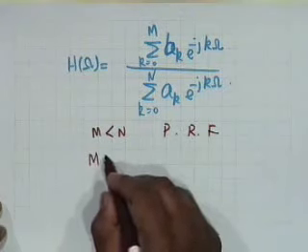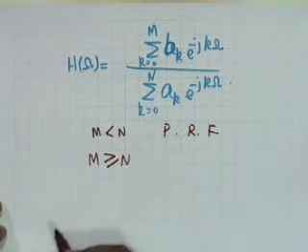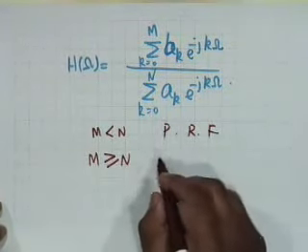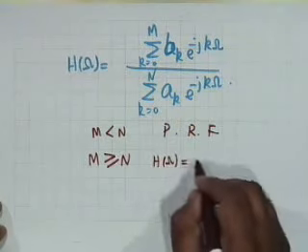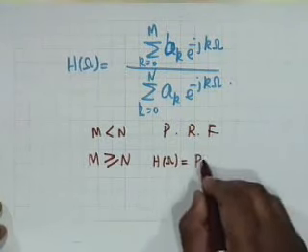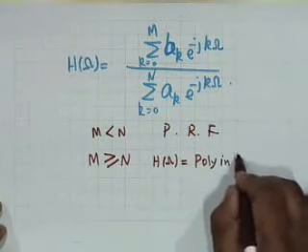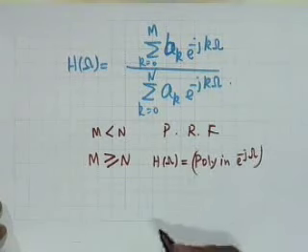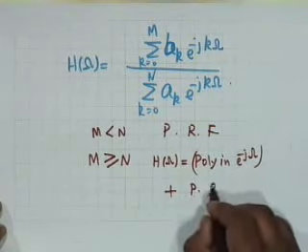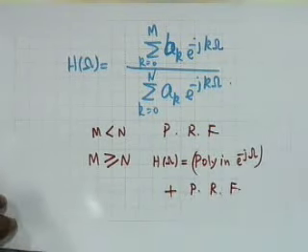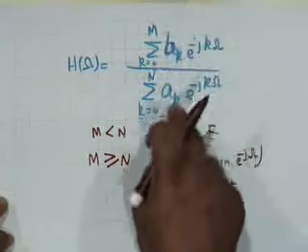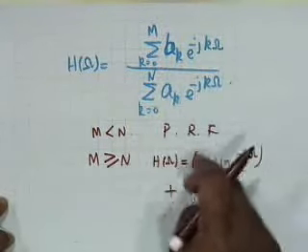On the other hand, if m is greater than or equal to n, then H of omega would be of the form of a polynomial in e to the minus j omega plus a proper rational function. Agree? For example, if the degrees are equal, then your polynomial is simply a constant.